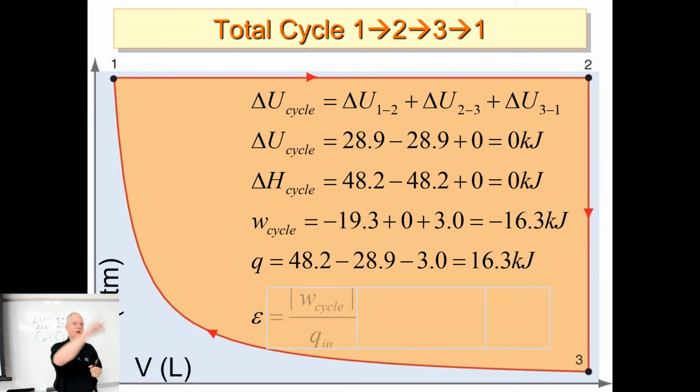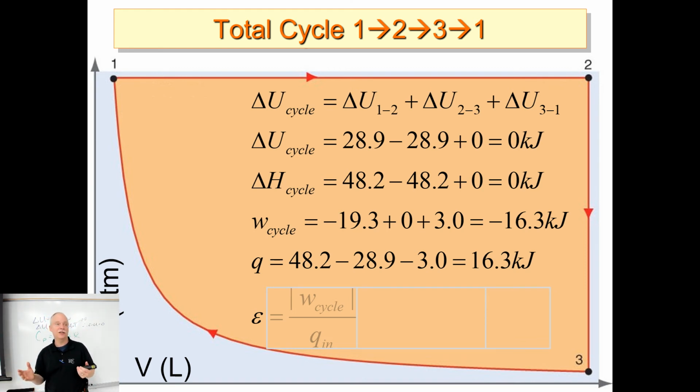And if you go around the world and come back to point 1, you're going to have the same internal energy and enthalpy, because it just depends upon N, P, V, and T. So it doesn't matter what you do, if you get back to state 1 successfully, the whole sum of all the U's and H's is going to cancel out, and you're going to get 0.